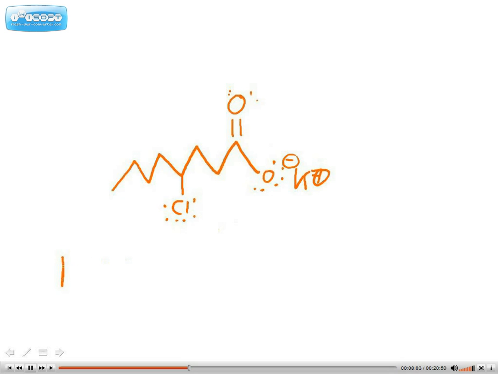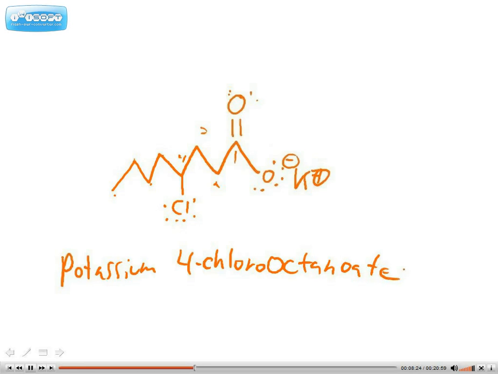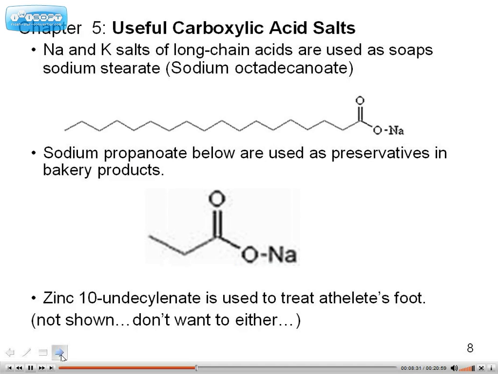So in this case, this would be a potassium, space, carbon 1, 2, 3, 4, 4-chloro, 5, 6, 7, 8, octanoate. So let's go ahead and move on.